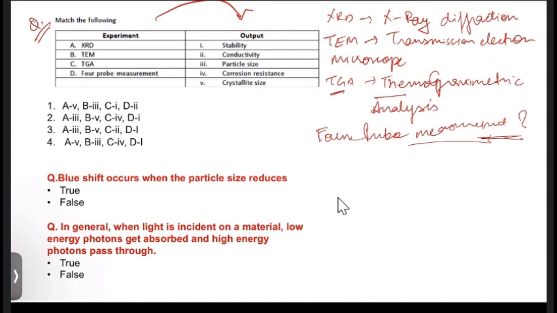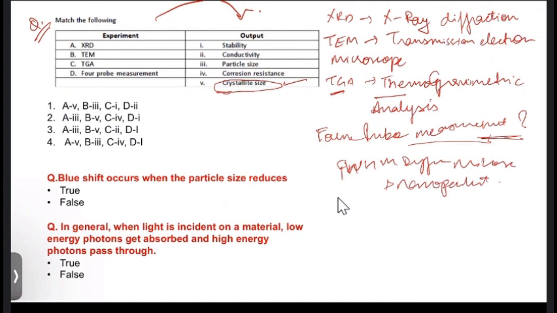XRD will give you crystallite size. We have seen there is a FWHM difference between micro and nano particles in XRD, right?